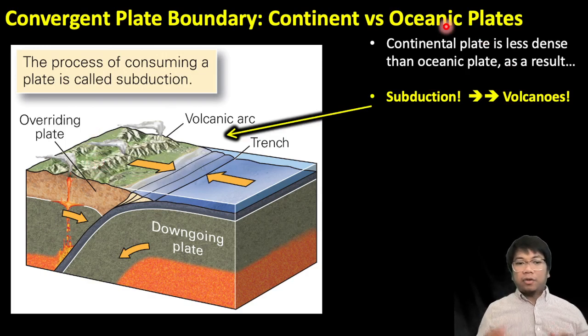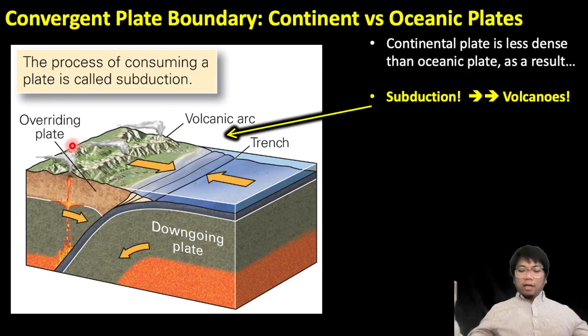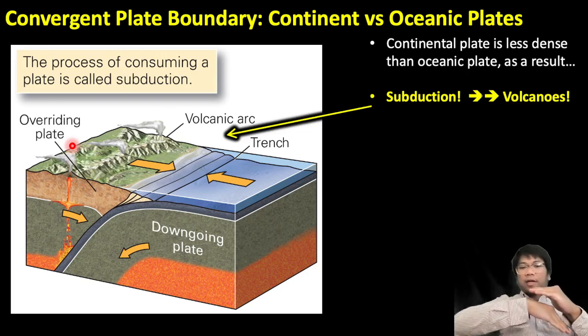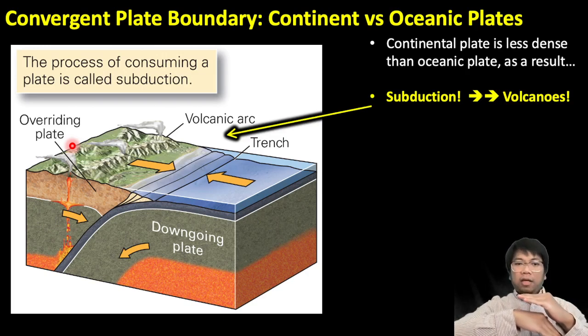Remember that continental crust is mostly silicon and oxygen, whereas the oceanic crust does have silicon and oxygen, but it also has a high content of metal elements such as iron or nickel and other types of metals. So therefore, it makes the oceanic lithosphere much denser than the continental lithosphere. So when they collide, the oceanic lithosphere will go down underneath the continental lithosphere.